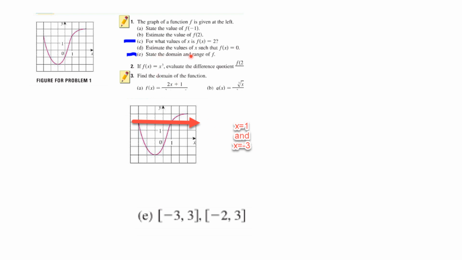And the domain goes from minus 3 to 3, and the range goes from minus 2 to 3. These do have to be in this order to be correct, because interval notation always shows the numbers in the order in which they appear left to right on the number line.